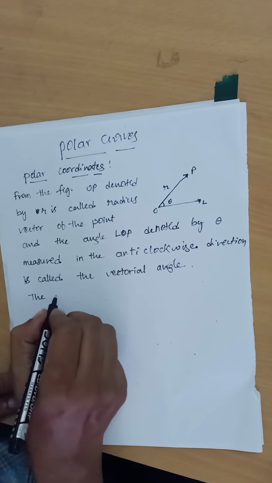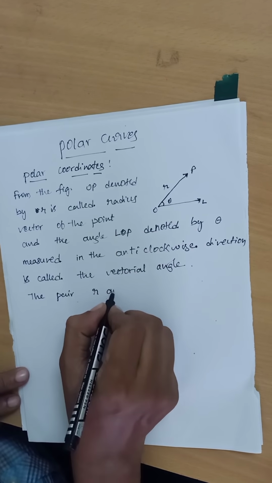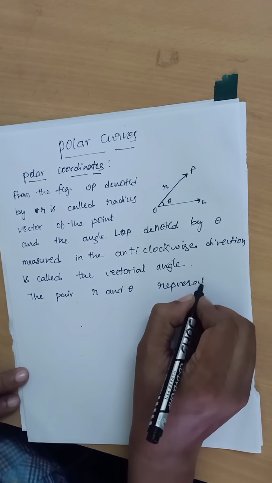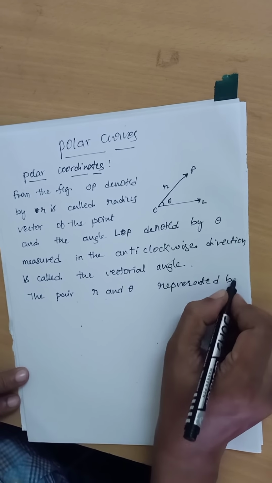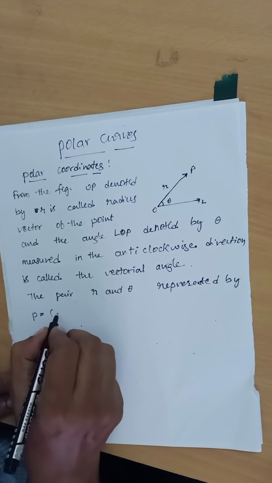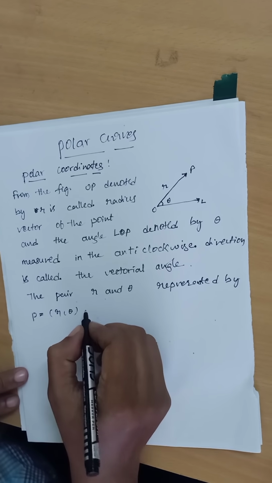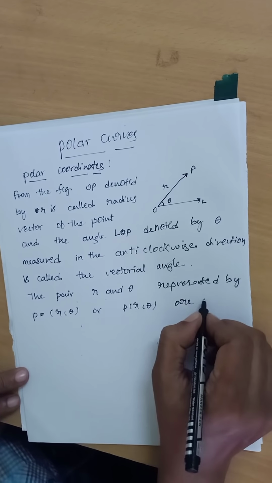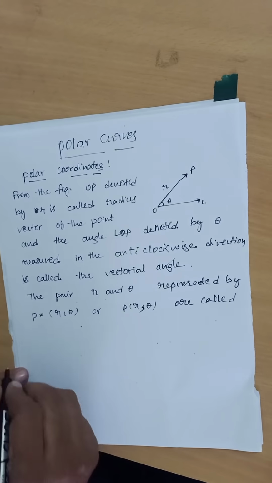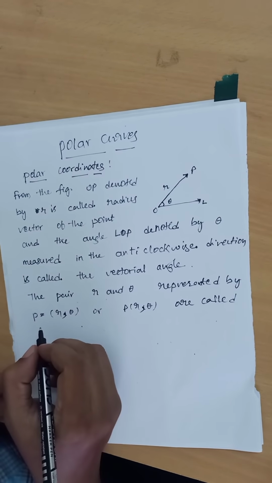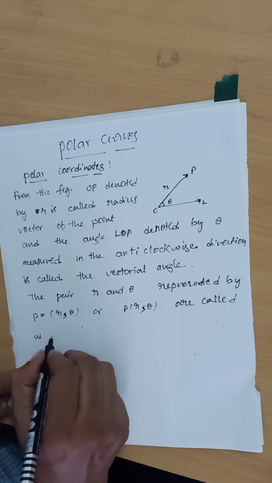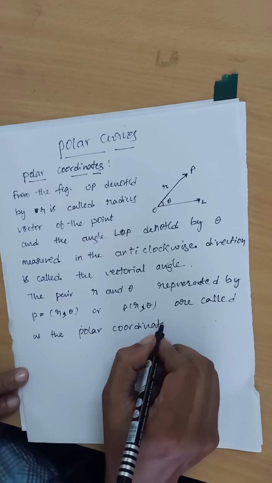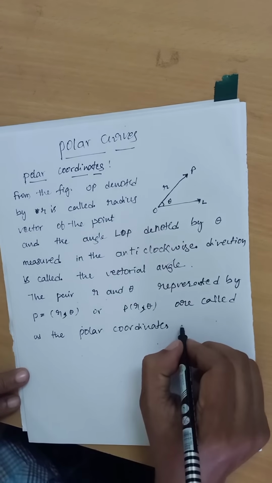The pair r and theta are represented by P equal to r comma theta, or sometimes we call it P of r comma theta, and are called the polar coordinates of the point.